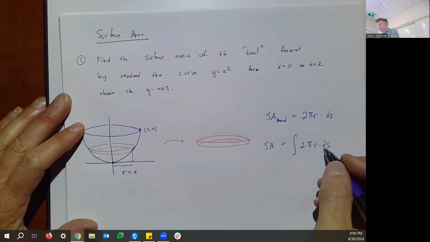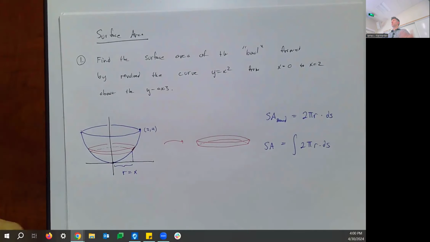And my ds, well, ds is what it always is. Well, that's not the right thing to say, because ds could be one of 3 different things, but ds is always the square root of 1 plus the derivative squared times your d whatever.